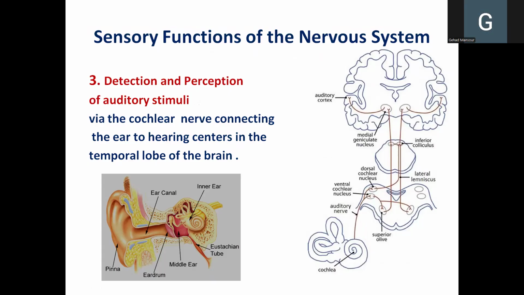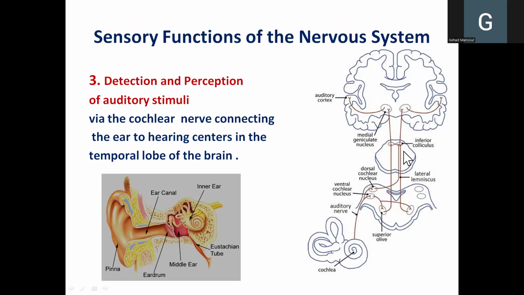And the auditory nerve relays here in the ventral and dorsal cochlear nuclei, and then in the superior olive in the pons varolii. And then there is an ascending pathway from the ventral nucleus on the same side and from the dorsal nucleus crossing to the opposite side.